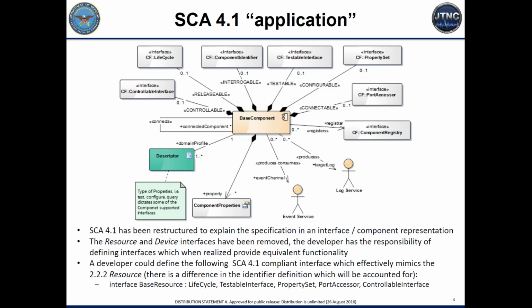Those alternatives exist, but this is just trying to characterize the specific steps needed to move that 222 product over to 4.1.